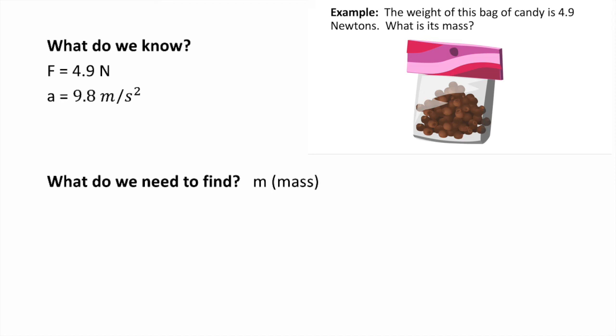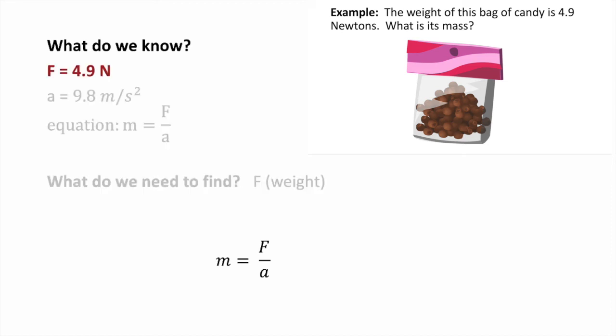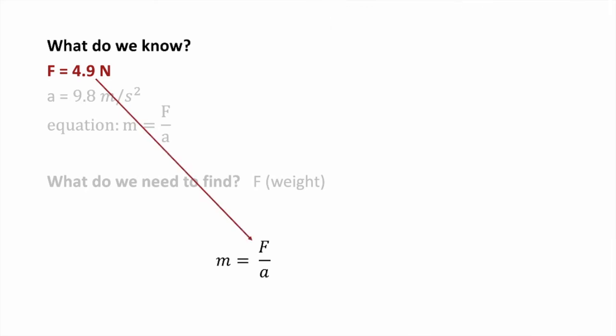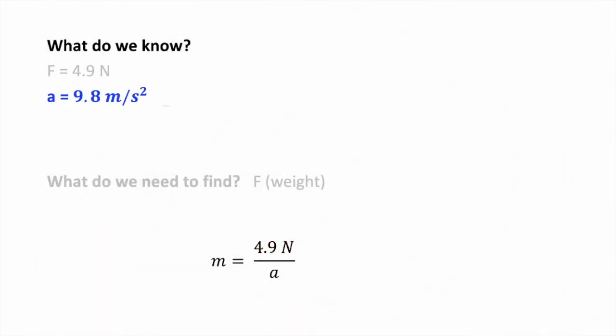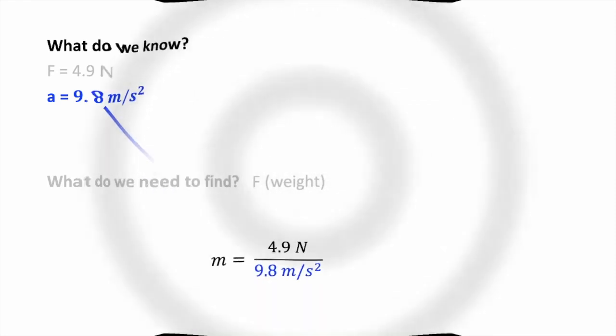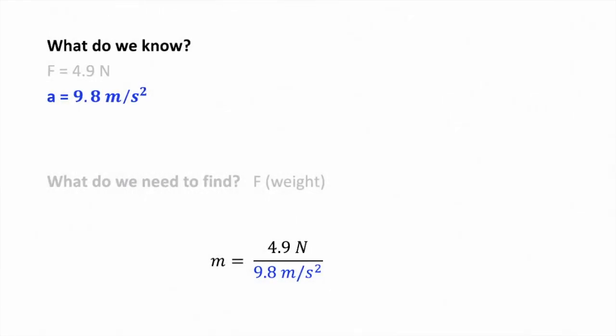Now we will take our values and we will plug them into the equation and solve. So we can take our force, the 4.9 newtons, and we are going to swap it in for that capital F variable like this. Now we're going to take our acceleration, 9.8 meters per second squared, and substitute it in for this little a.